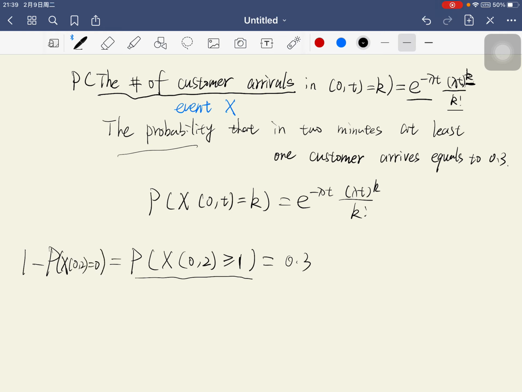So there is no customer arriving, and we could compute it from 0.3.